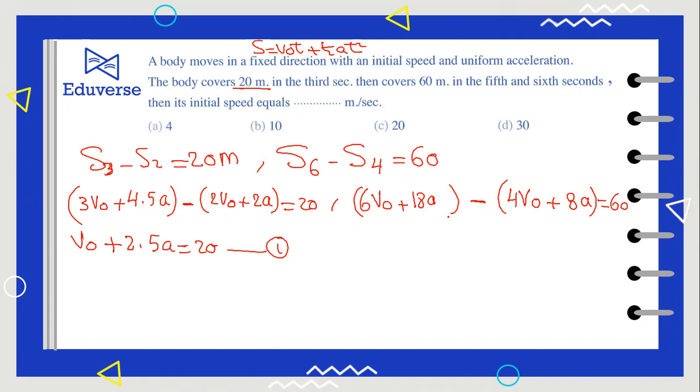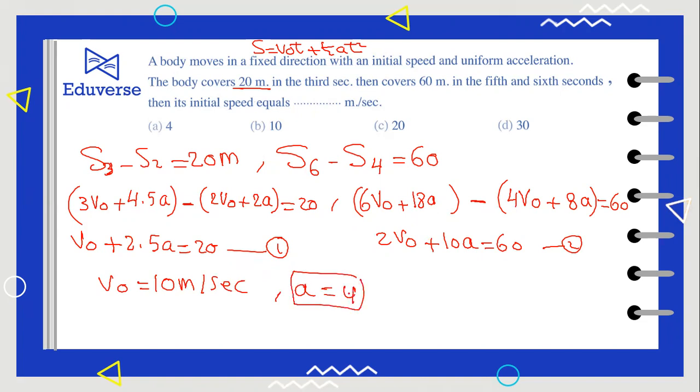Then the difference here, 2 V naught plus 10A equal 60. That's the second one. I have two equations and I can find their solution together. V naught equal 10 meter per second, and the acceleration equal 4. It is not required here, but when we solve the two equations, we find the values of the two unknowns, V naught and acceleration. I want to find the initial speed, V naught is 10 meter per second.